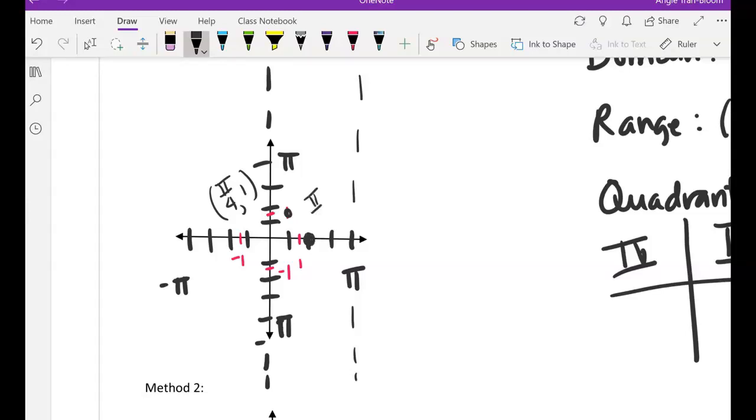So pi over 2, comma 0. Good eye. And then at 3 pi over 4, we are going to go down to -1. Right there. I'm going to label that 3 pi over 4, comma -1. It's easier to switch the points if it's already labeled. So this is your original.